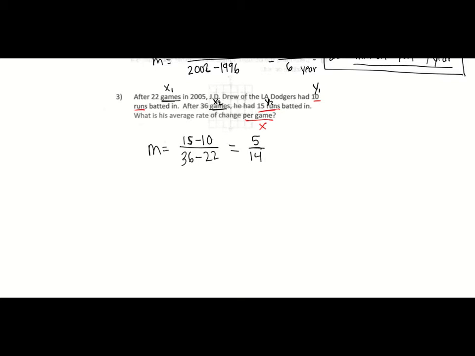And if I type that in and get my decimal, that's about 0.36. And on the top I have runs batted in per game. So that is my answer, that is my rate of change.